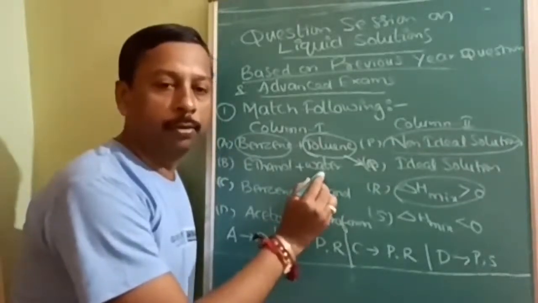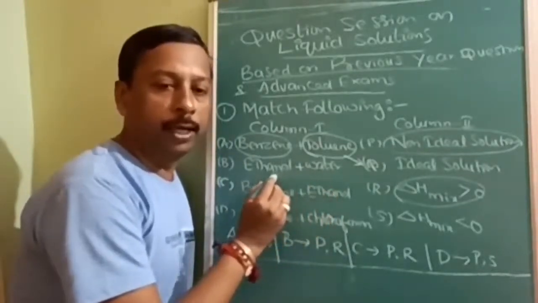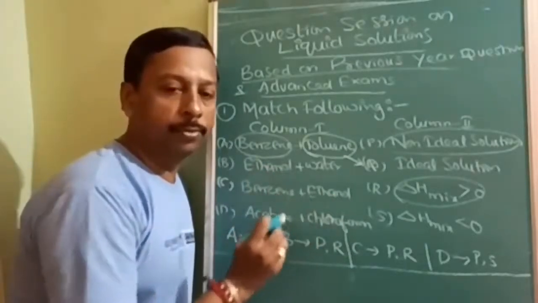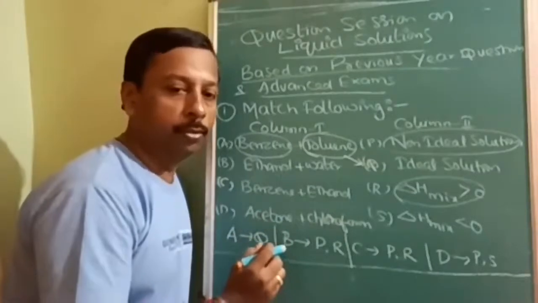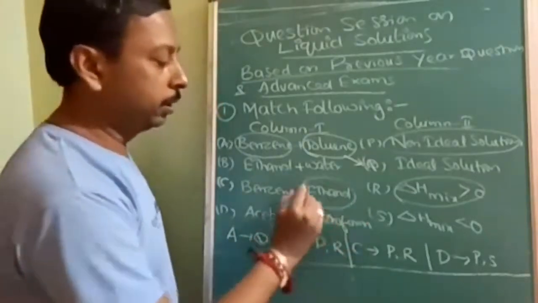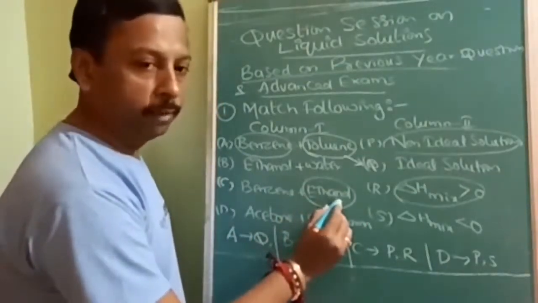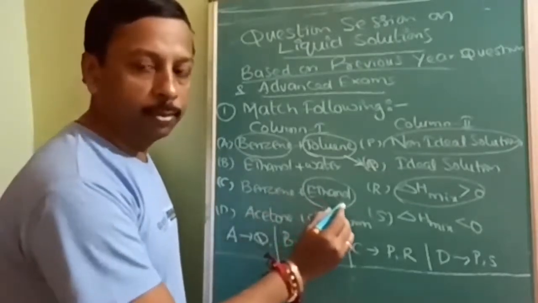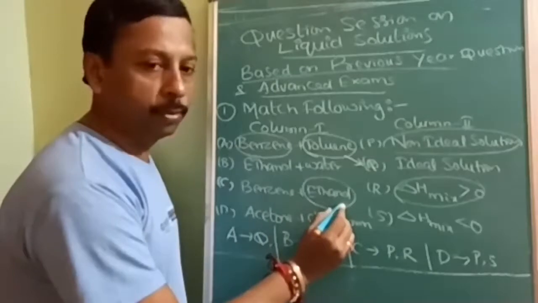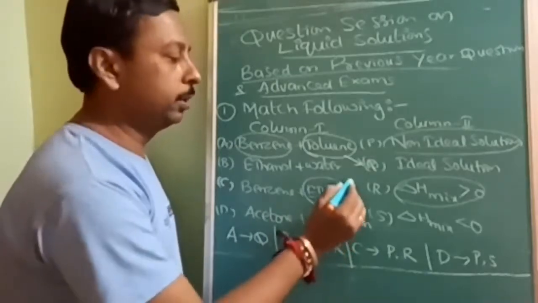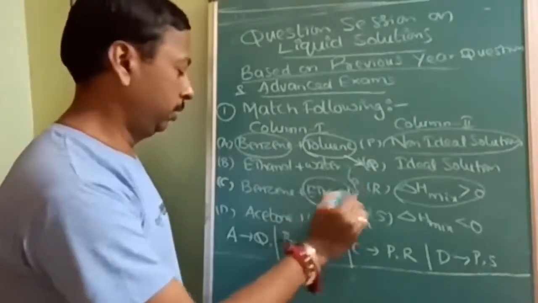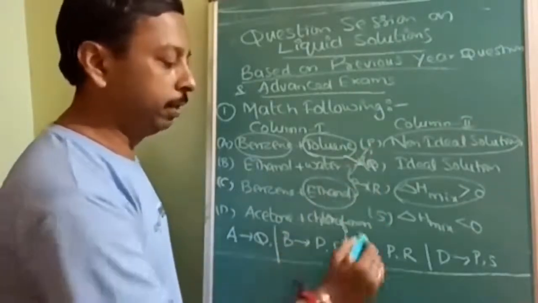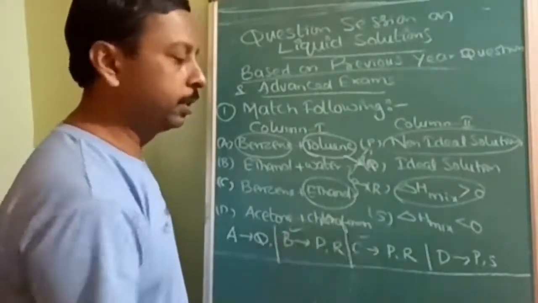That hydrogen bonding will break when you add ethanol, so the attraction force decreases and positive deviation will be shown. Same is the case here: in ethanol, hydrogen bonding is maximum, but when you add benzene, that hydrogen bond will break. Therefore, it will show positive deviation. So B and C are both non-ideal, both positive deviation, so B and C options are the same.